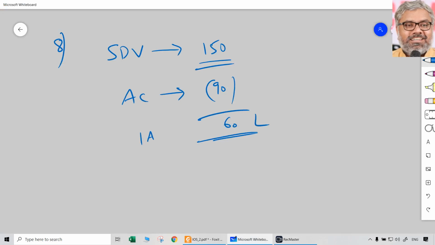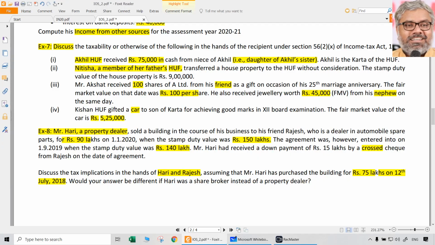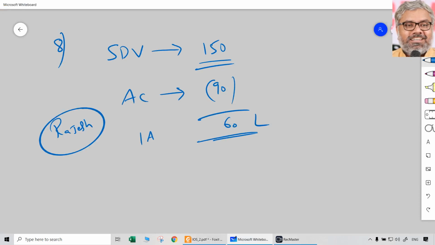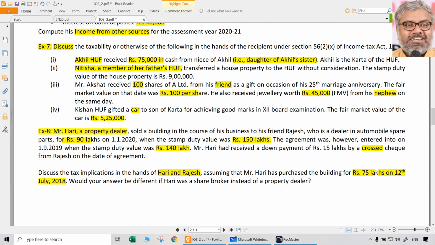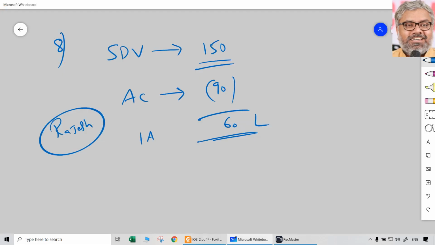That is for Rajesh. Why? Because he is the recipient of the immovable property for inadequate consideration. Inadequacy is 60 lakhs and it is of course more than 5% of the actual consideration, way too high. So we don't have to worry about that small 50,000 and 5% things. So ultimately, the inadequacy is fully taxable in the hands of Rajesh as income from other sources, 60 lakhs.